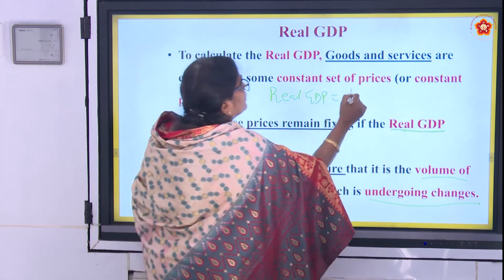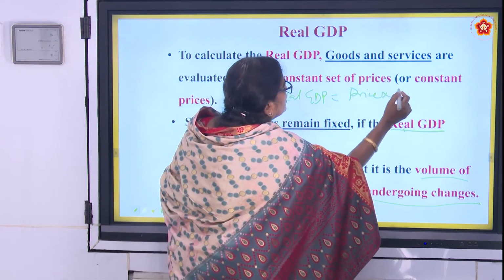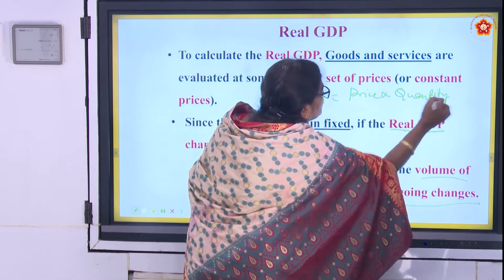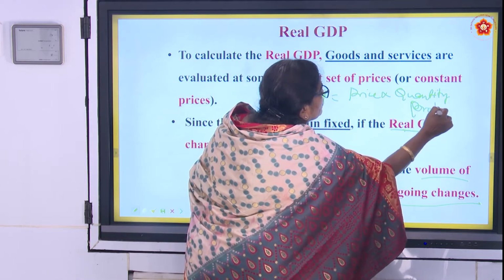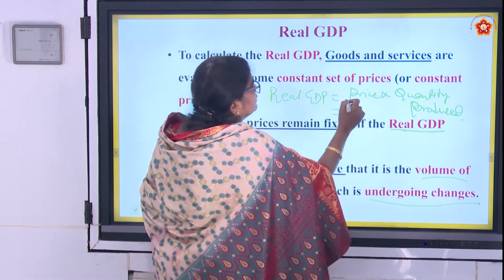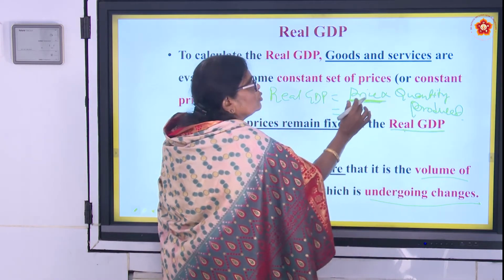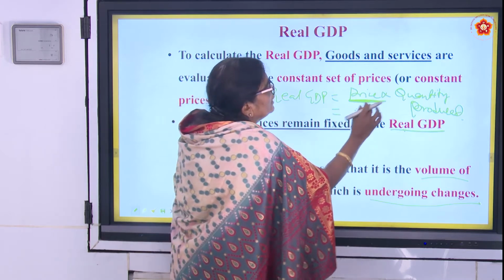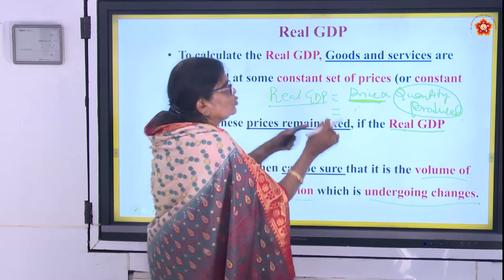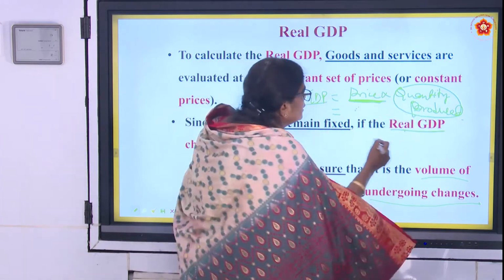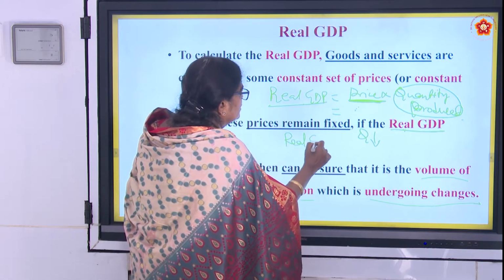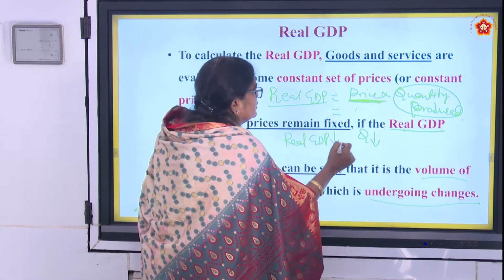The price we are keeping as constant. Therefore, if any change is there in the GDP, it is due to the quantity produced. If quantity produced decreases, then real GDP decreases.